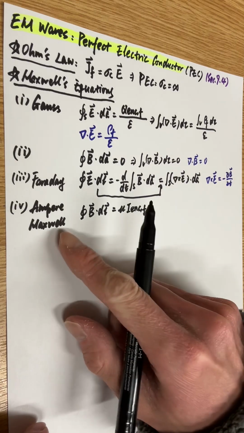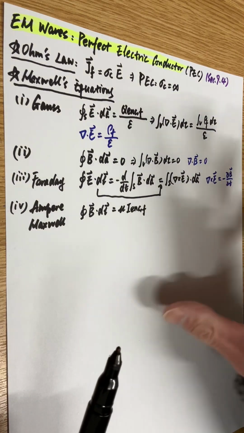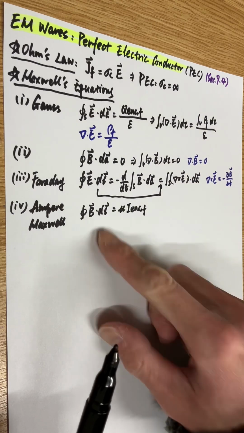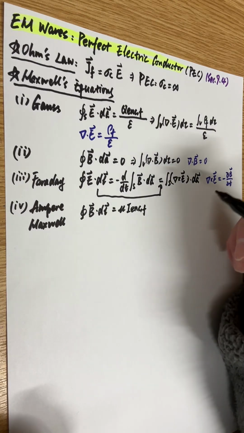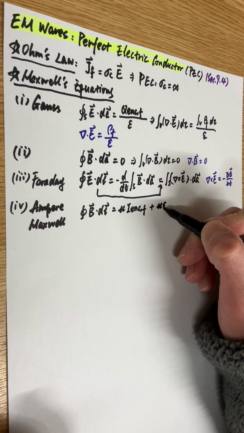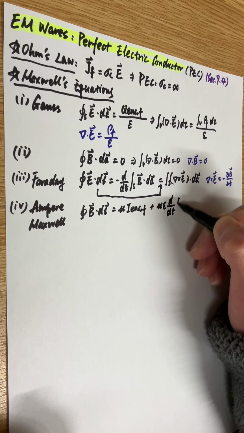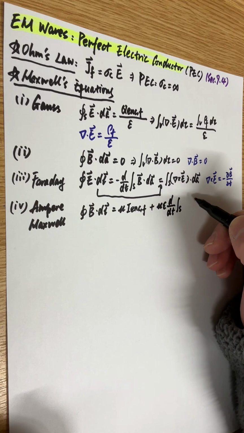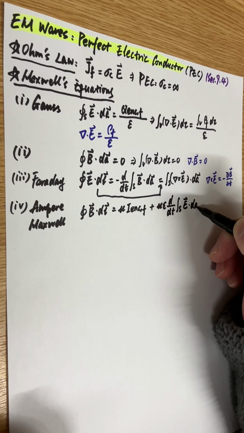And then Maxwell's modification tells us that the change in the flux of E field would generate magnetic field. So we have plus mu epsilon d/dt, and then surface integral of E dA.